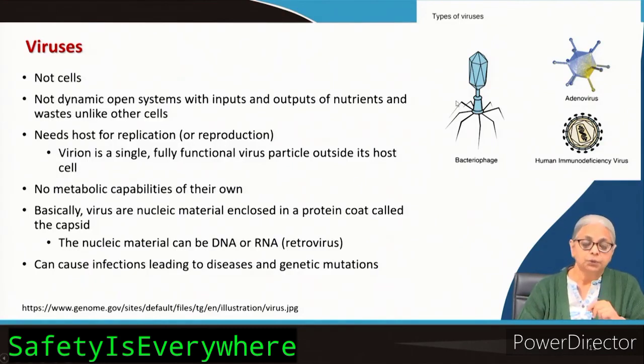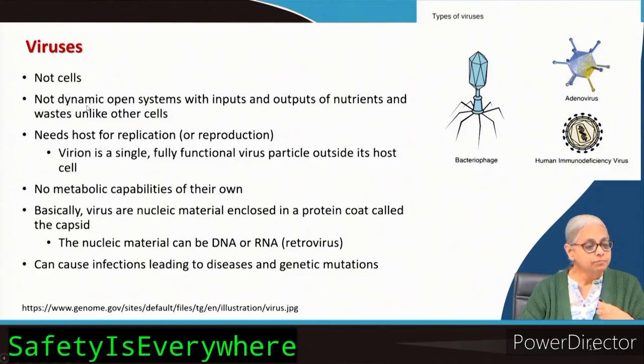So there are possible exceptions, but in general, it's DNA, and if it's an RNA, it's a retrovirus. They cannot reproduce, like I said, without a host. So all replication and reproduction happens after the DNA or the RNA is injected into the host cell. The host ATP and other functions are taken over by the viral DNA, and that's how the infection happens.